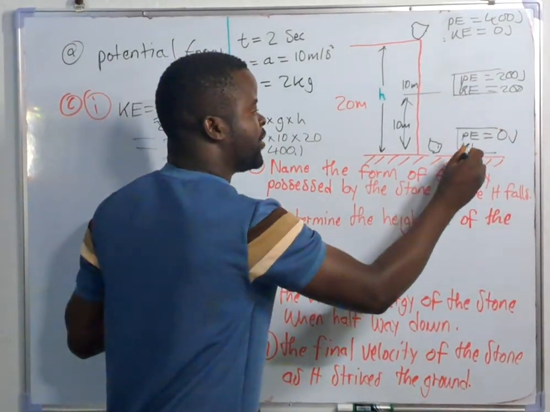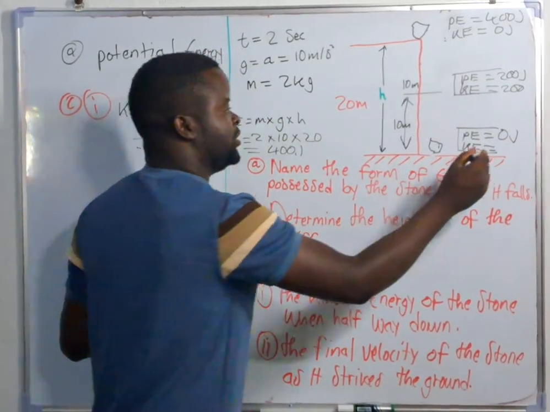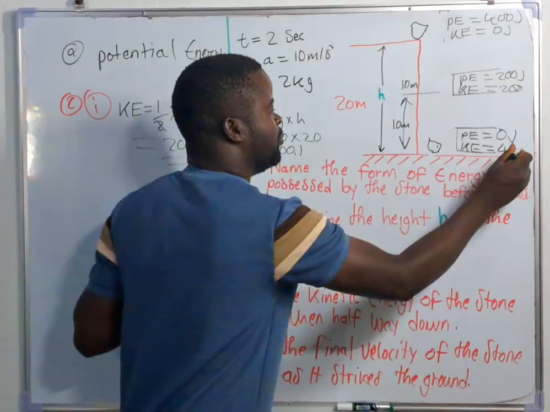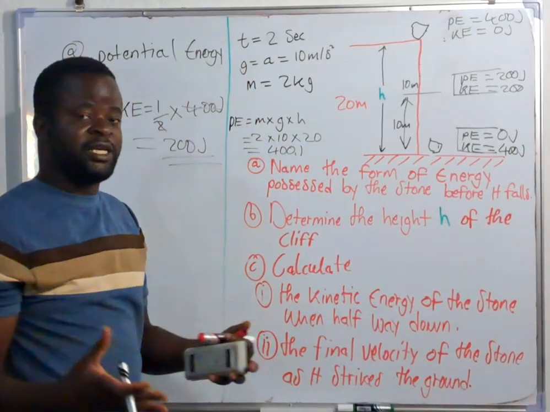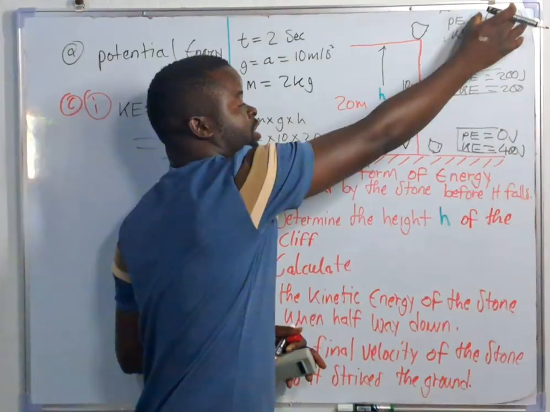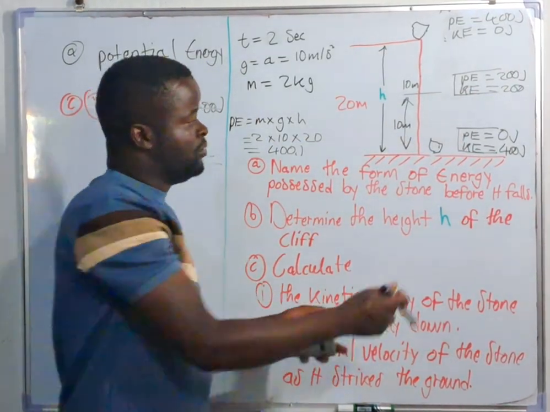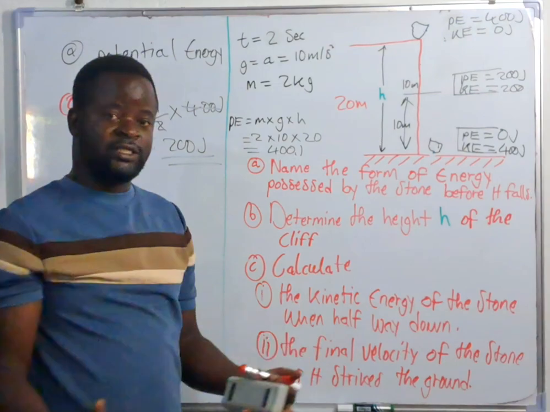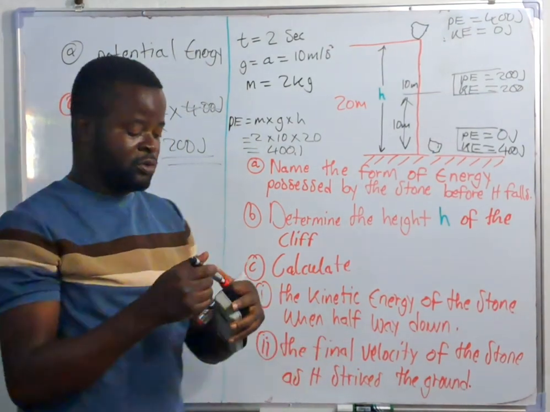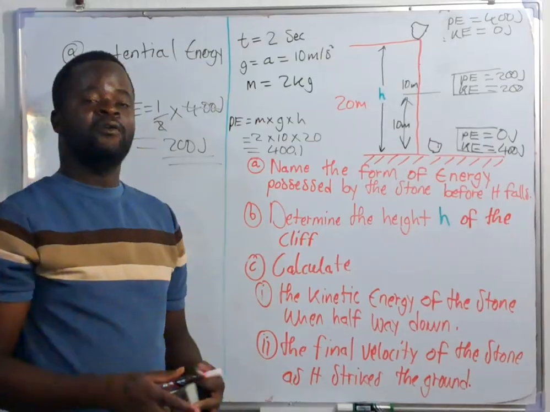But the kinetic energy before the stone strikes the ground becomes 400 joules. Energy can neither be created nor destroyed. So the 400 joules of potential energy changes to kinetic energy, which is 400 joules. Now let's respond to the question, which is asking us to find the final velocity.